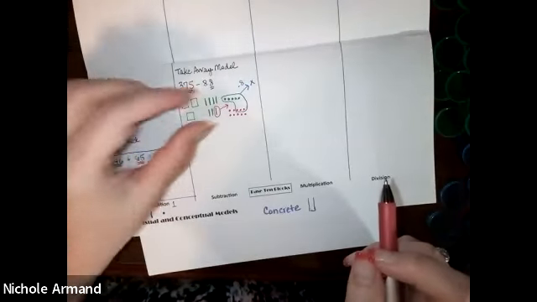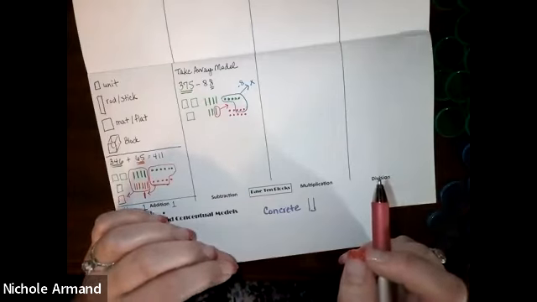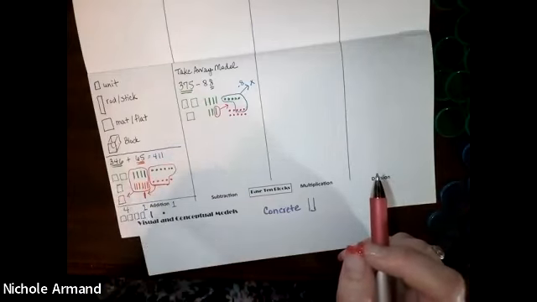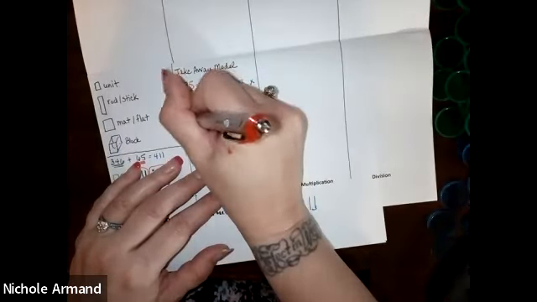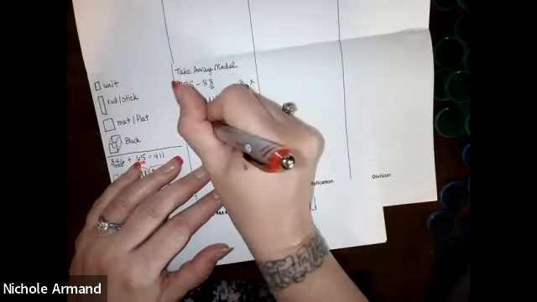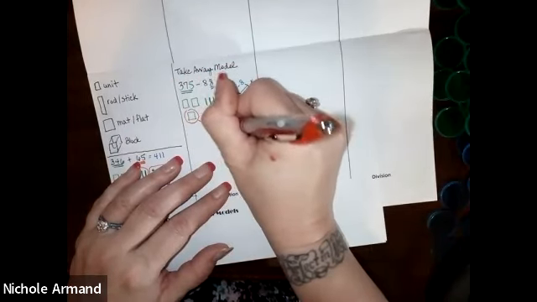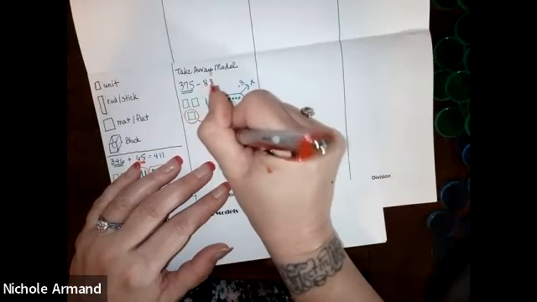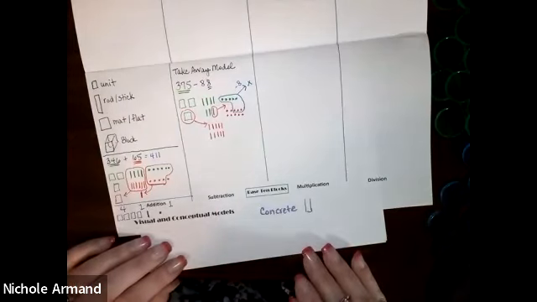So I'm going to remove one of my flats and I'm going to replace it with 10 rods. So now I have 10 rods in place of it: 1, 2, 3, 4, 5, 6, 7, 8, 9, 10. I have exchanged a flat for 10 rods.